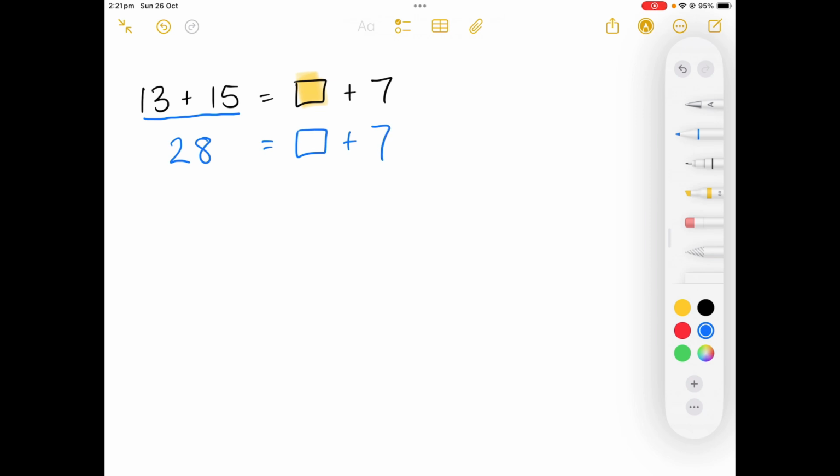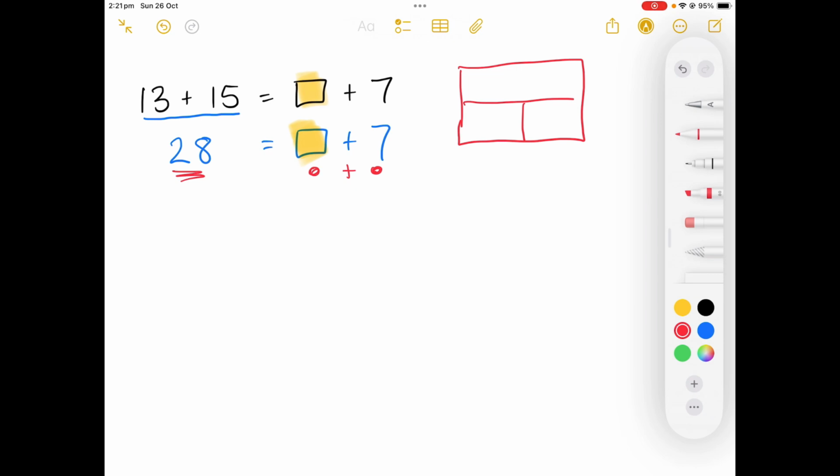Now the next step is to find out how we can make this little unknown on its own. So that is the answer potentially for our equation. One way to do this is to refer to what we know in the past about using part-part-whole. So if you think about what's going on here, we've got 28 is equal to this number plus this number.